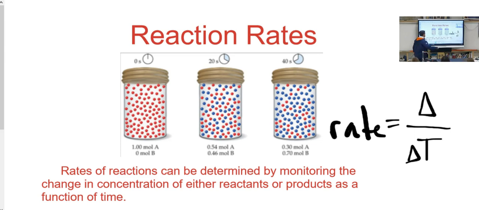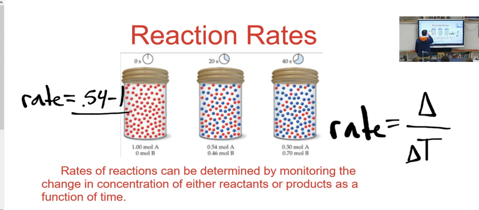So if you would look here, the rate of this reaction could be defined as your final, which is 0.54 mole A, minus your initial, which was 1. And that would be divided by your change in time, which is 20 seconds. So the rate with definition according to A would be a negative value, right? And that's normal.